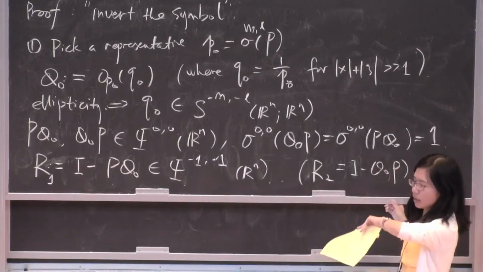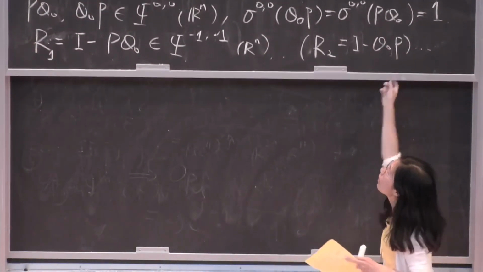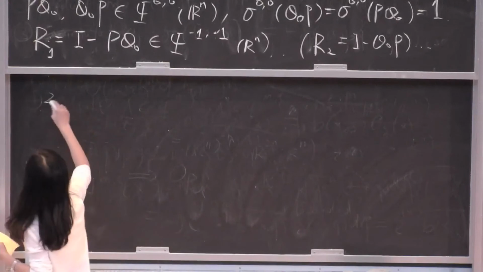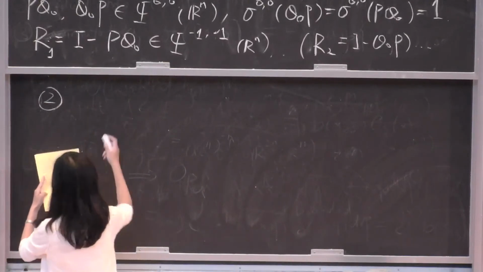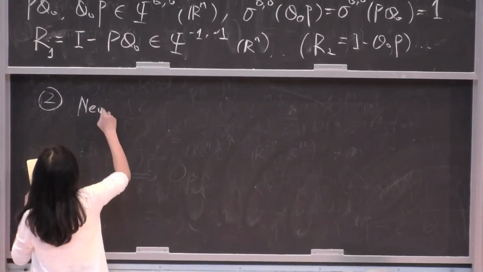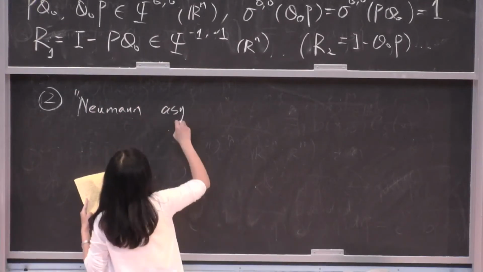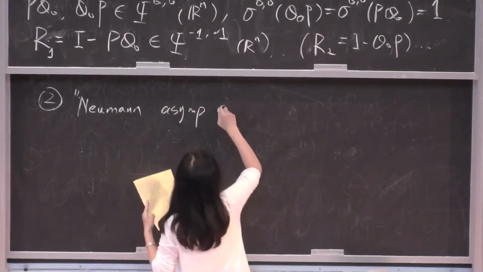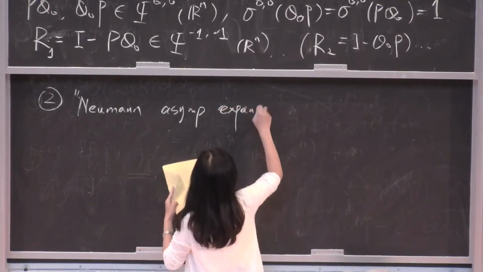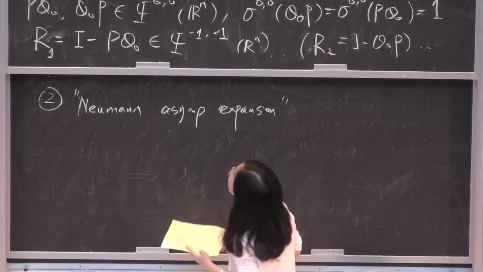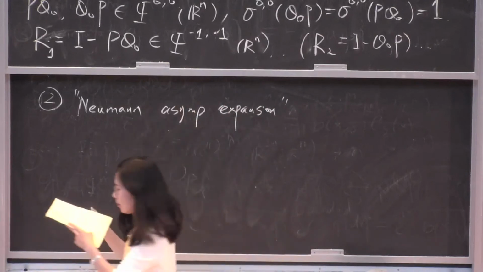Okay. Now, the next part is just inverting the remainder. So for the next part, we're going to do this Neumann series. It's not really a series, but it's a Neumann asymptotic expansion, by inverting this 1 minus r.